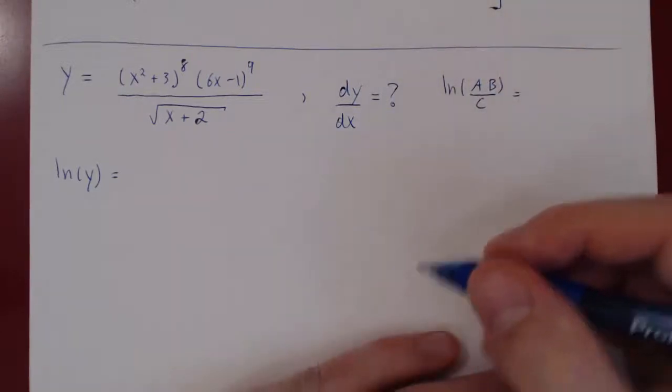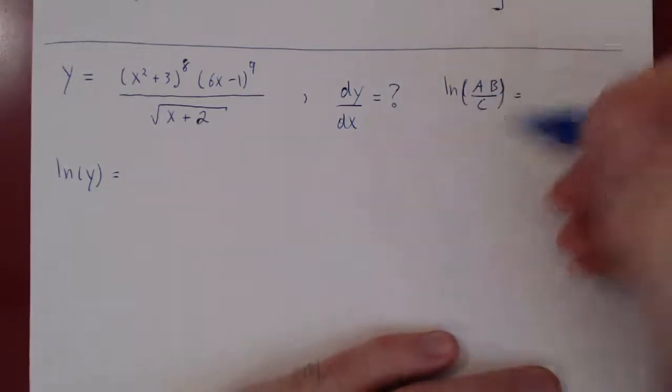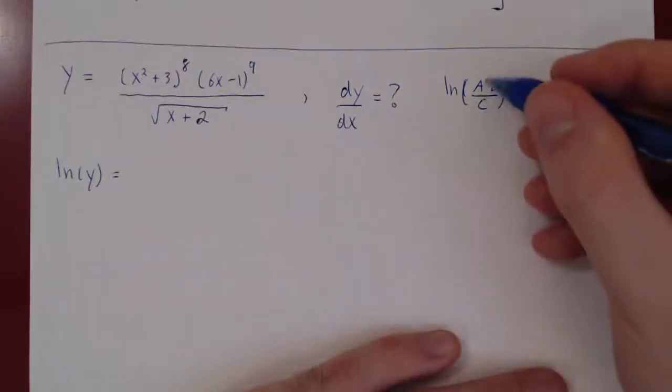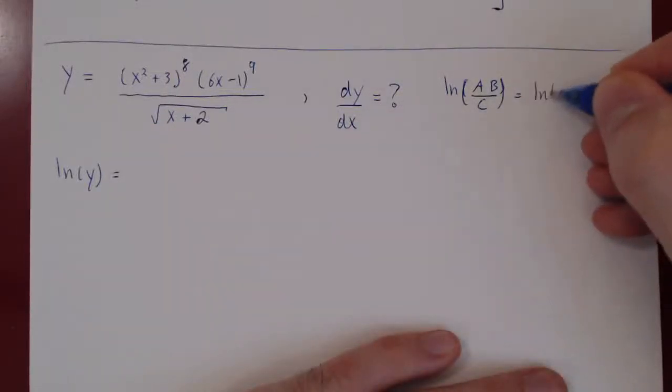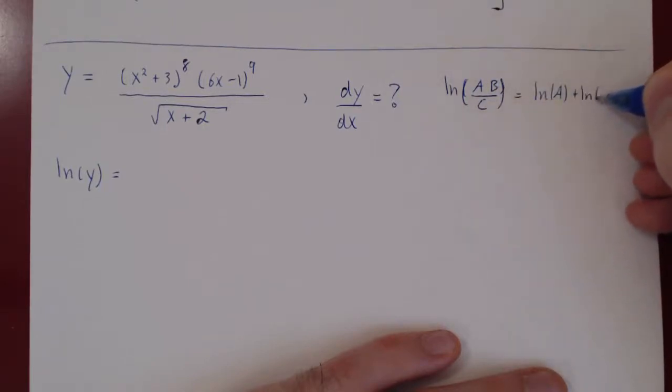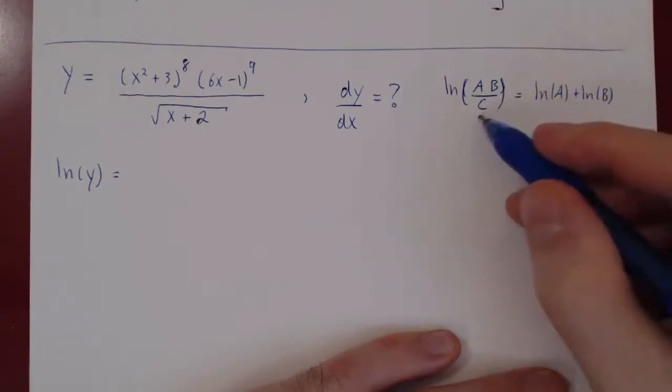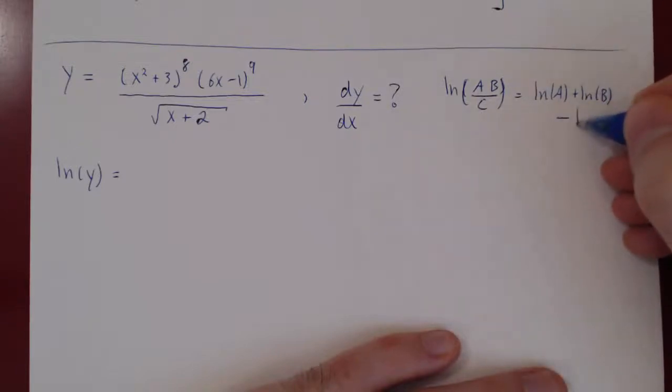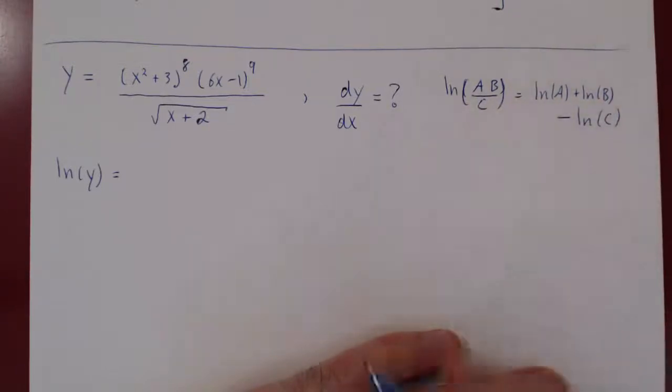Well, by properties of logarithmic functions, this will be ln of a plus ln of b. C is on the bottom, so it will be minus ln of c.